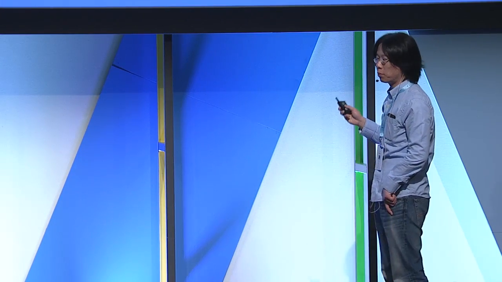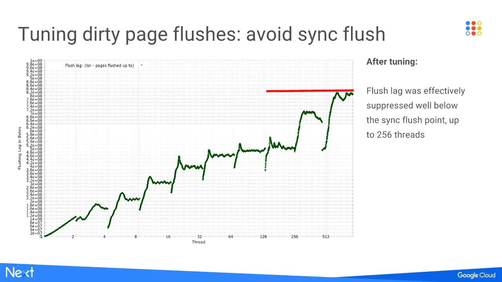So after the tuning, you can see in the after picture that we successfully suppressed the growth rate of the flush lag, so that at 128 threads and 250 threads it is kept away from the sync flush state, but at 256 it still hits the red line occasionally, and there's still more tuning to do.